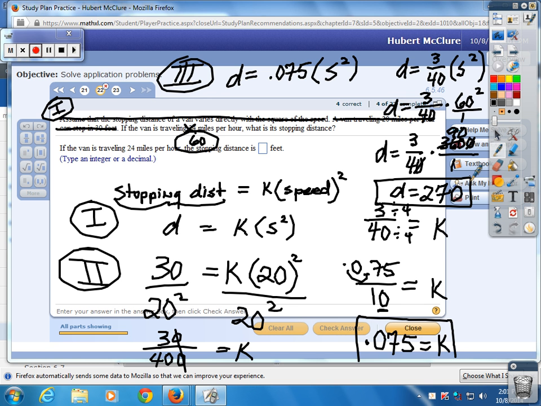How long is 270 feet? Is that a long way? That's why I detest and loathe people driving 60 miles an hour in the school zone. Because guess what? If a kid runs out in front of you, they're dead. Because you can't stop at 60 miles an hour.